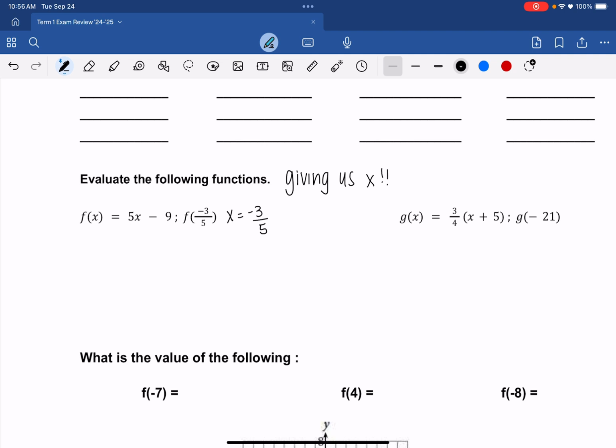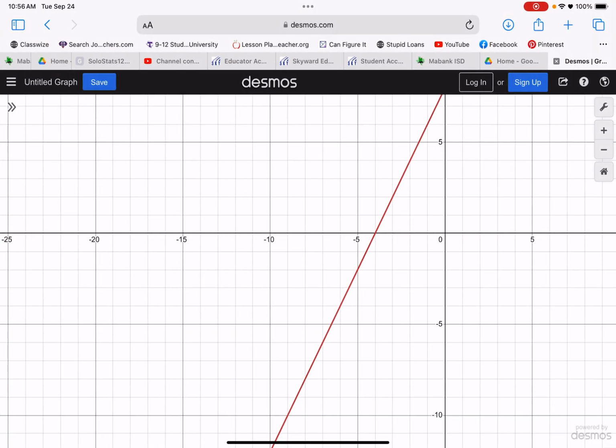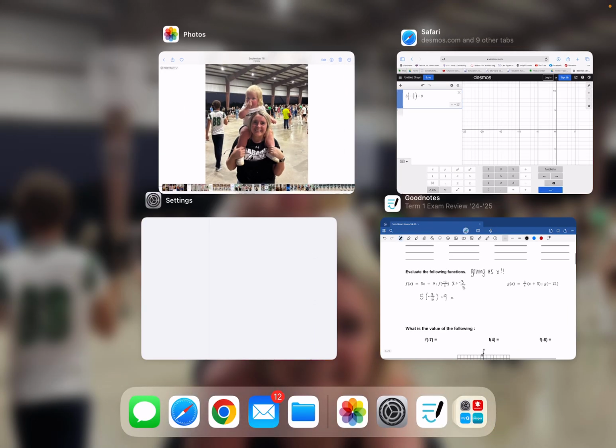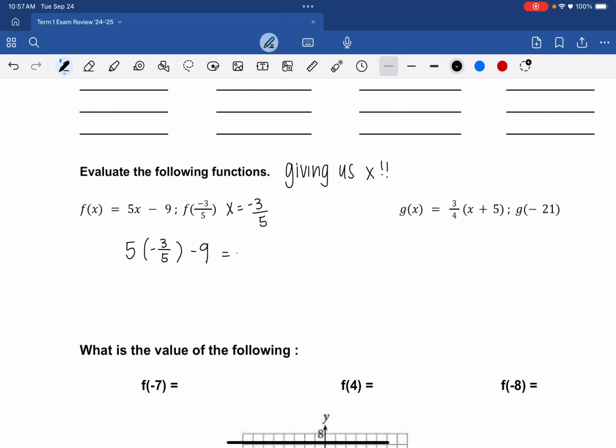So wherever there's an x, I'm going to put negative 3 divided by 5, minus 9. Okay, so if you type that into your calculator, so 5 times negative 3 divided by 5, and then minus 9, we get negative 12. Okay, so that would be our answer there.